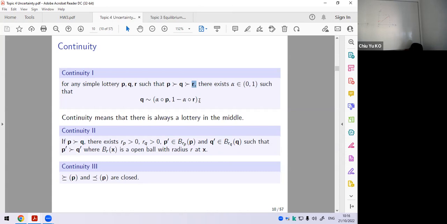It is continuous in terms of probability. I can always adjust some probability so that you'll be indifferent between the two.